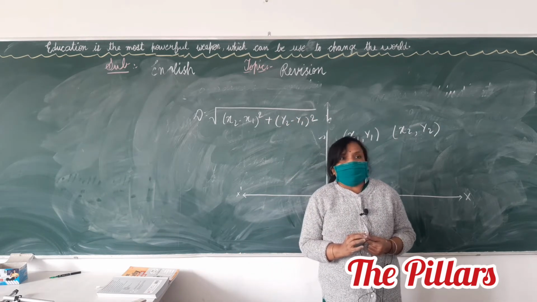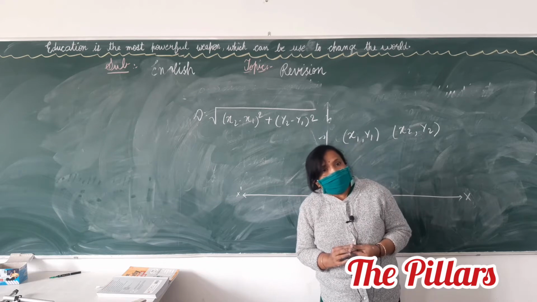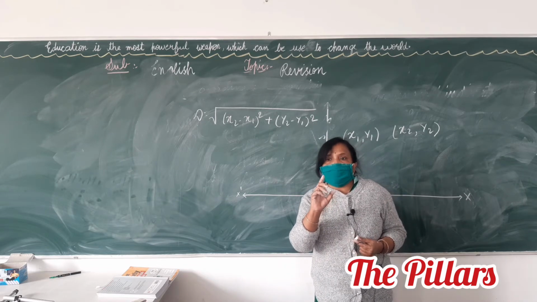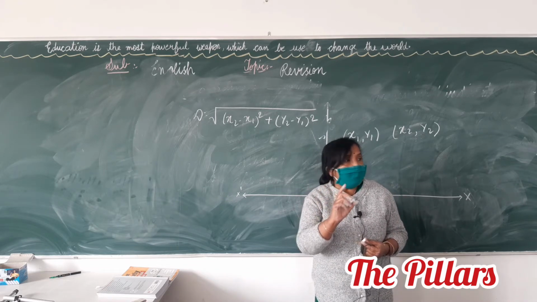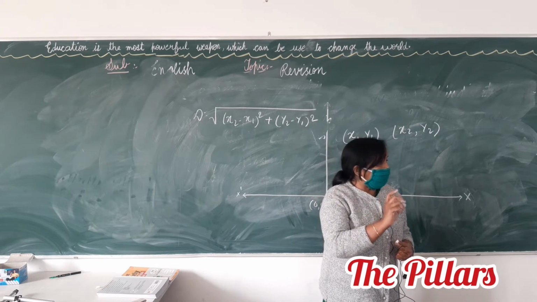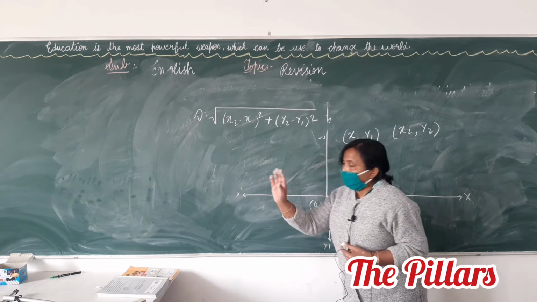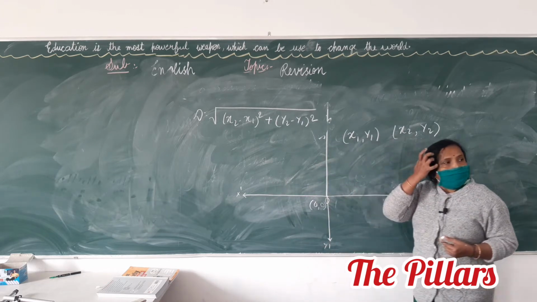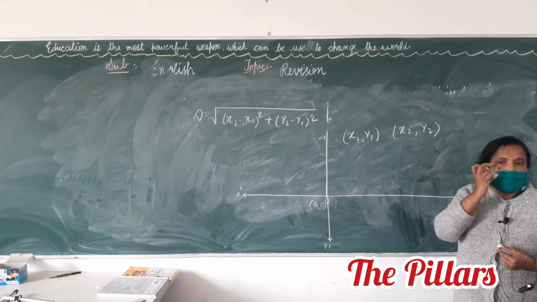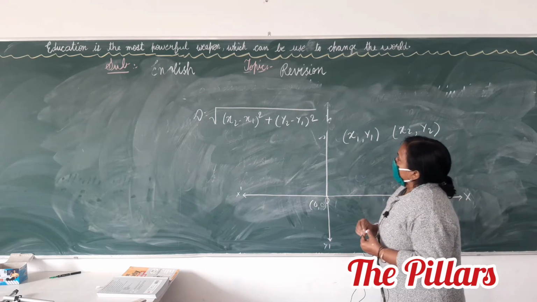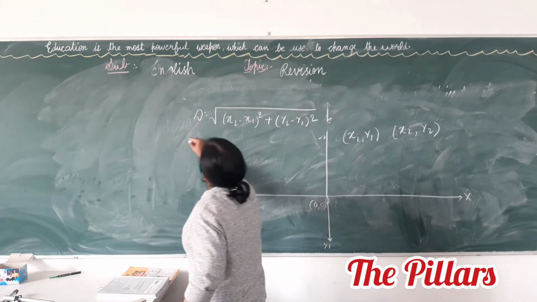Distance formula. This is the first formula you come across in this chapter. Distance between 2 points x1, y1 and x2, y2. Write down. Did you all write? Yes, ma'am. Sit down. Okay? Number 2.